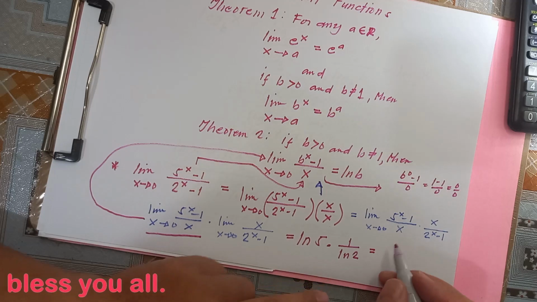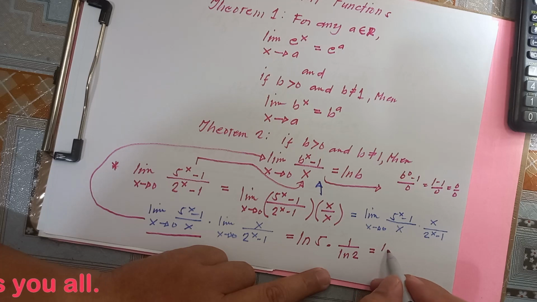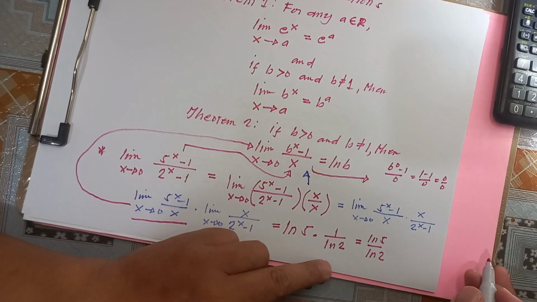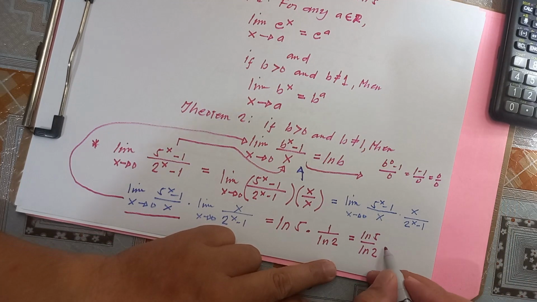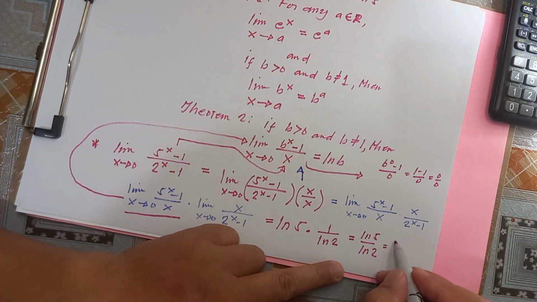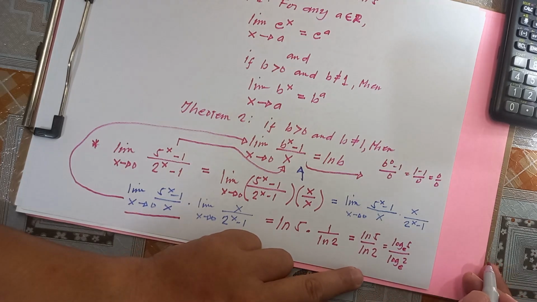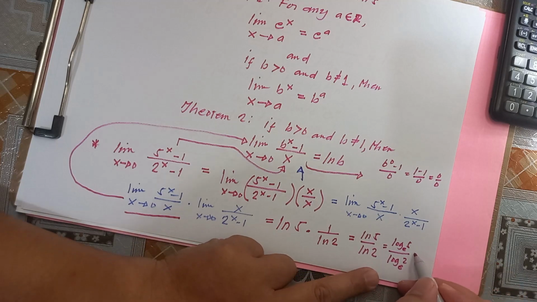The result would be ln 5 over ln 2, or the same as log of 5 with base e over log of 2 with base e.